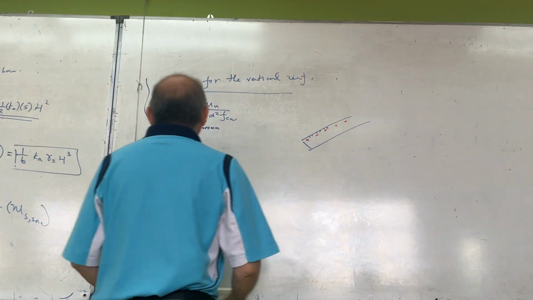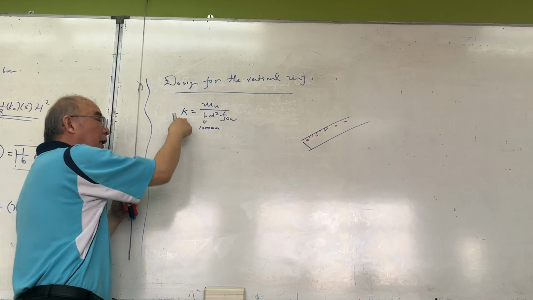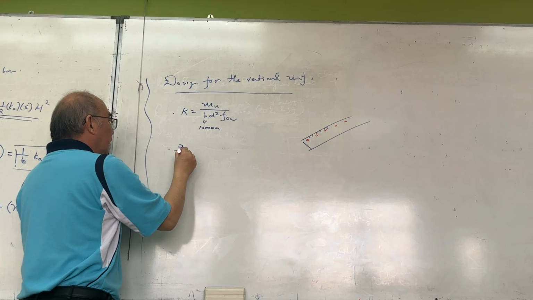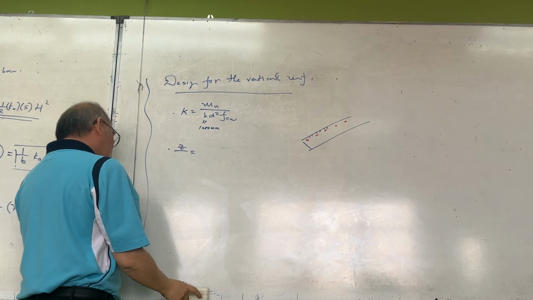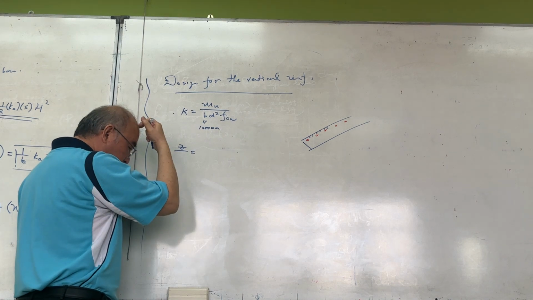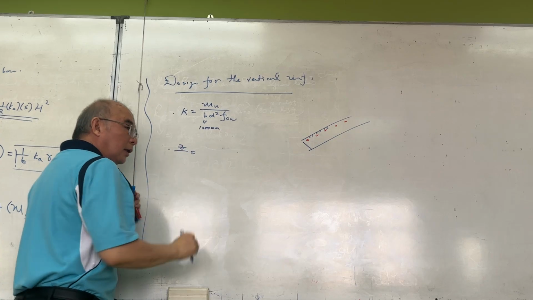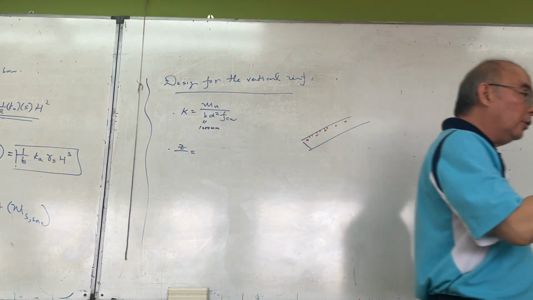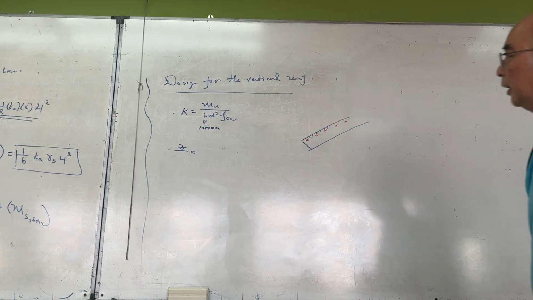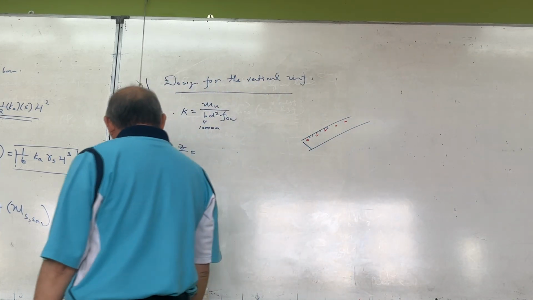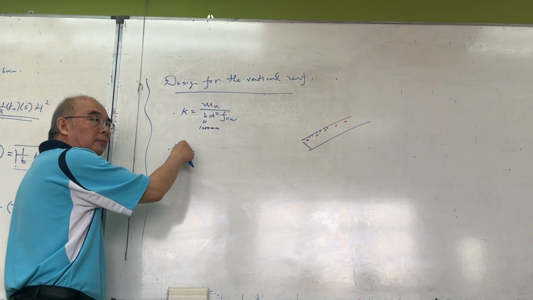Okay? Then, after you do the K, then you do the Z over D, right? I think it is Z over D. Z is the lever arm.